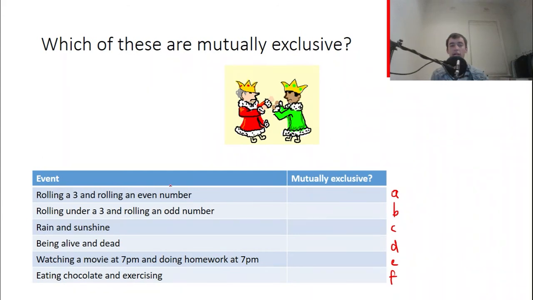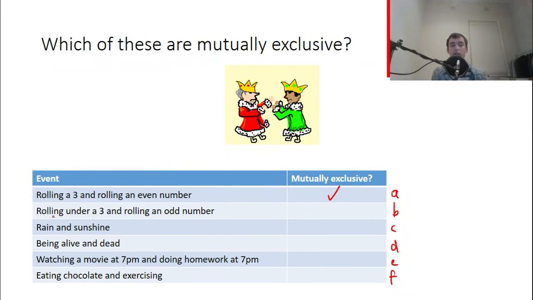So rolling a 3 and rolling an even number. I can either have 3 or I can have an even number. Can I have both? No, you can only have one at a time because 3 is not even. So this is mutually exclusive. An outcome can only be one of those events.